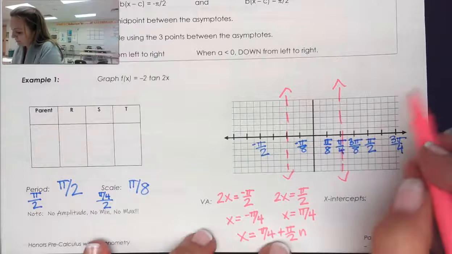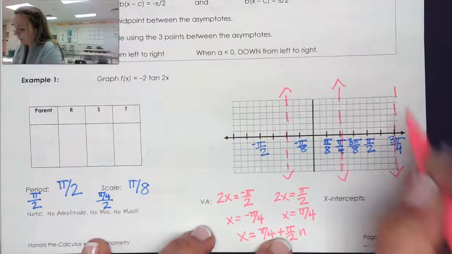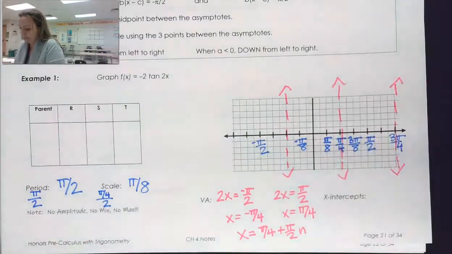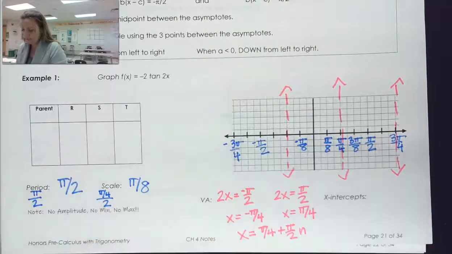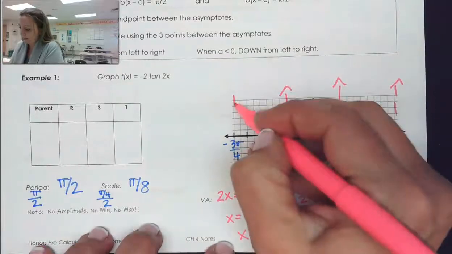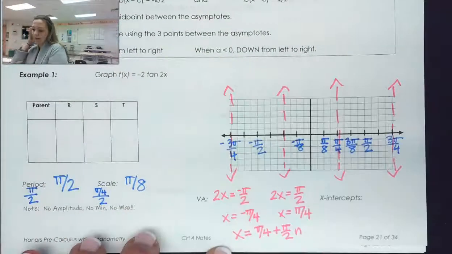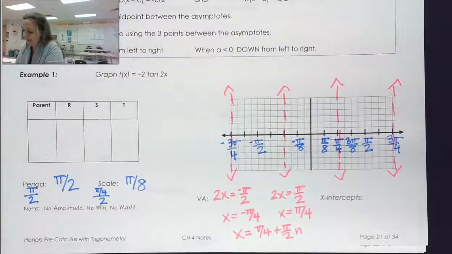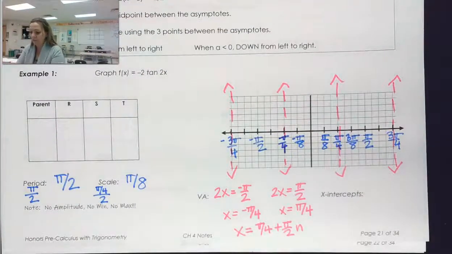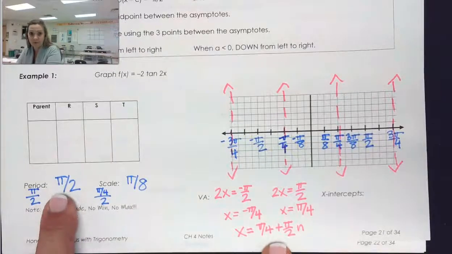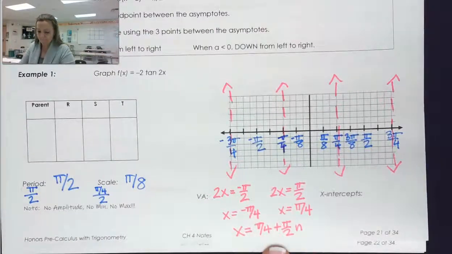So our next asymptote would be over here at 3 pi fourths. If we continued, this would be negative 3 pi fourths over here. Notice that there'd be another asymptote over here at negative 3 pi fourths. And between each asymptote, notice that is our period of pi over 2.